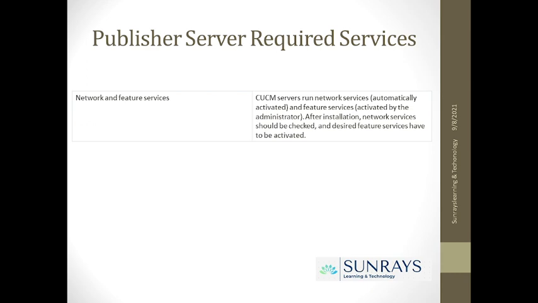If the DHCP service is stopped, your phone is not going to get an IP address. So you have to go into the network services and start that service, and only after that will your phone get an IP address. All the network services are very much mandatory once you have installed CUCM. After installation, in a post check we verify our services, and if TFTP or DHCP is down, we have to restart them, or refresh them if they got stopped.